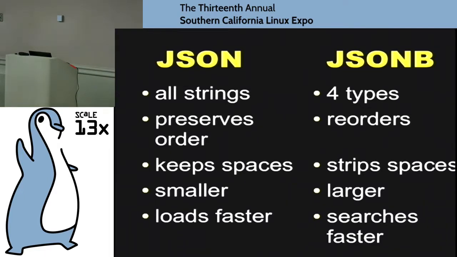The old JSON compresses a little bit better and loads stuff a little bit faster because it's not doing a transformation on the actual bits of the JSON. The JSONB actually implements the 4 primitive JSON types. The old JSON treats everything as a string once you've actually pulled it out into Postgres.